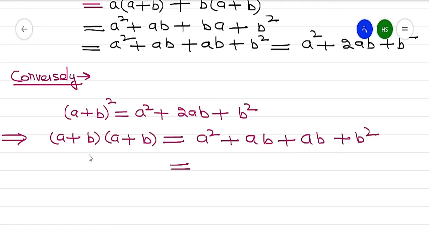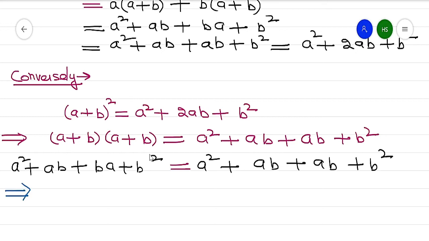Now, from this, by using the distributive law, a square plus ab plus ba plus b square. Now, R is a ring, so it holds the cancellation law.